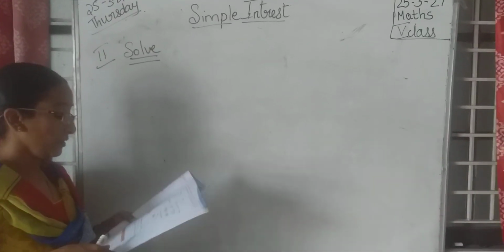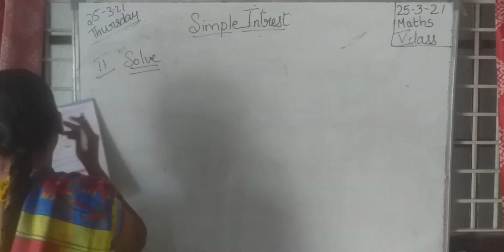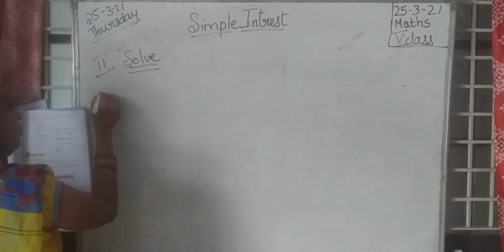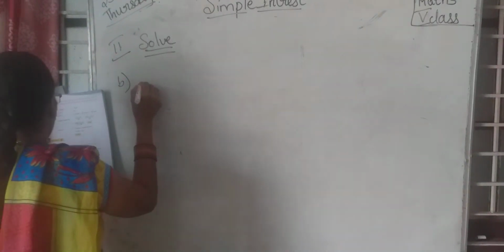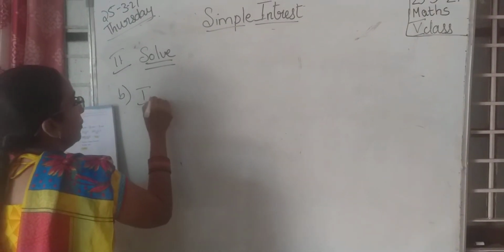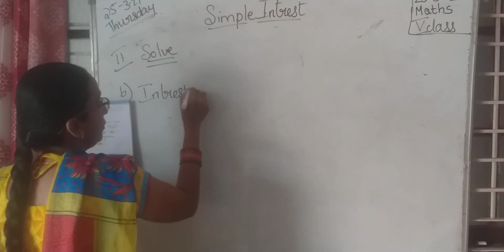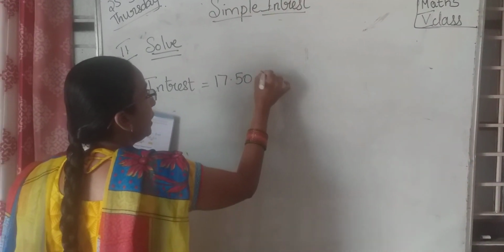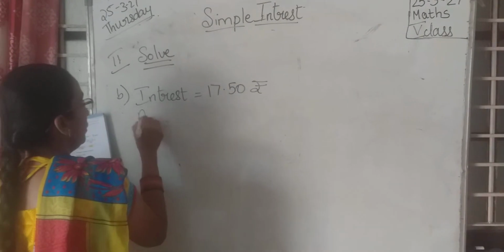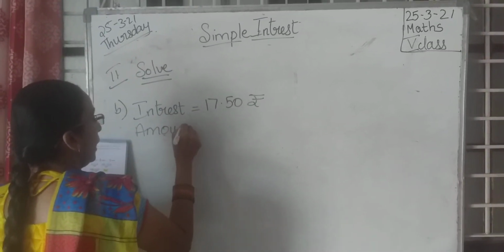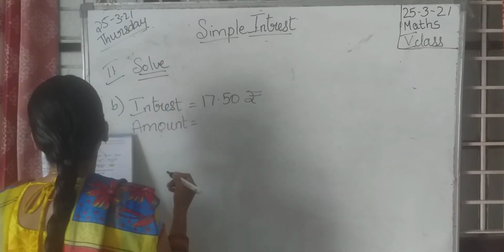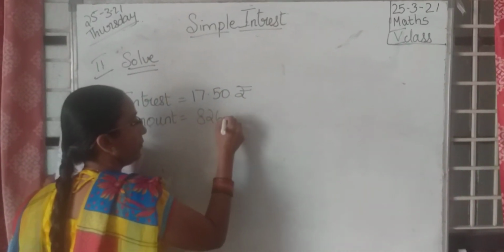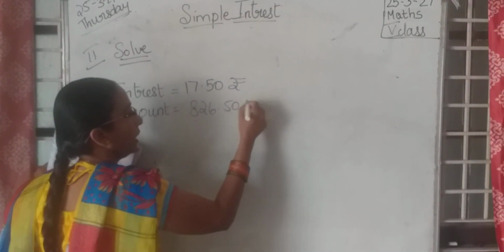The second one, they gave you interest is equal to 17.50 rupees. Then amount is equal to 826 rupees 50 paise.